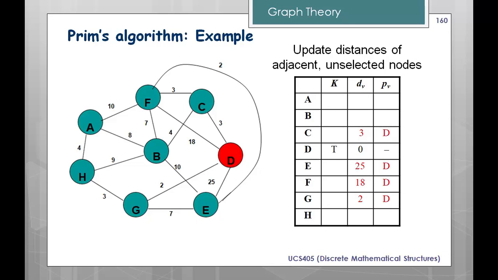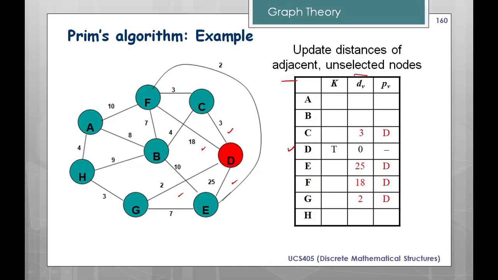Moving further. Update distances of adjacent unselected nodes. We have to update the distance of those nodes which are adjacent to the D node and unselected. Adjacent nodes are C, F, G, and E. We will update the distance of all the nodes one by one.